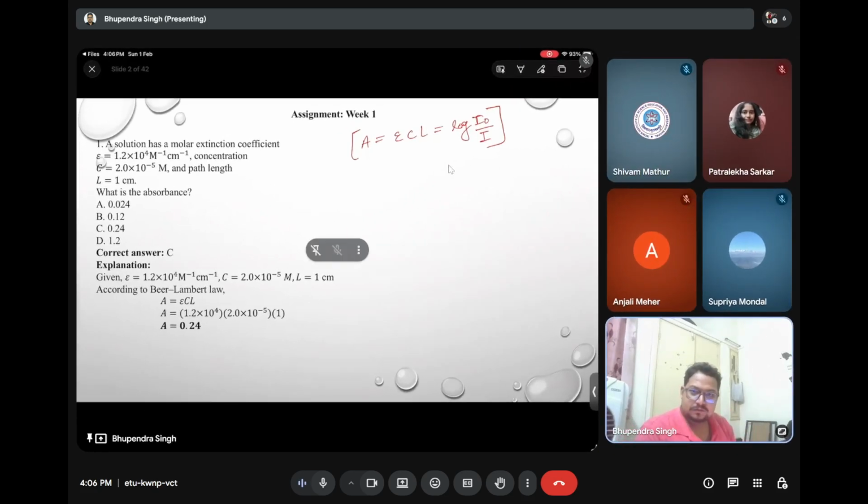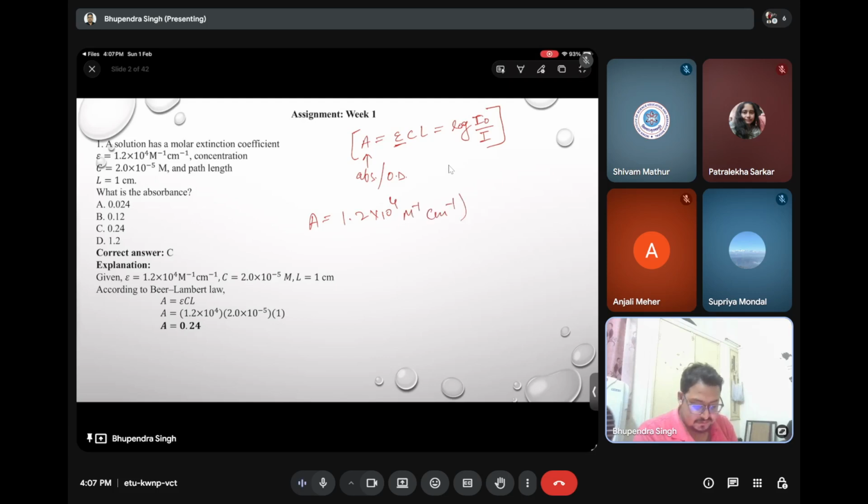I hope you know this formula: A equals epsilon C L equals log I0 by I. This is your absorbance, or OD, optical density. So they are asking for the absorbance. We have to put in epsilon, which is given: 1.2 times 10 to the power 4 mole minus 1 centimeter minus 1.